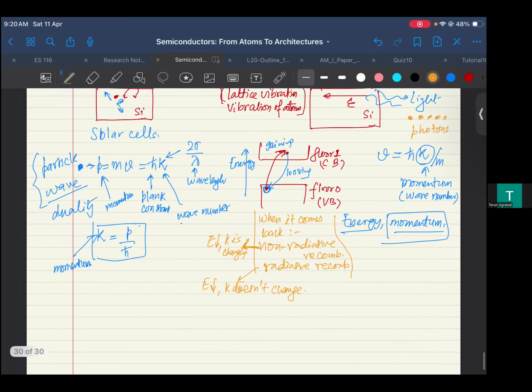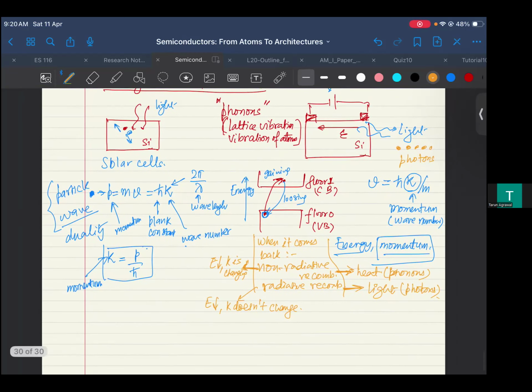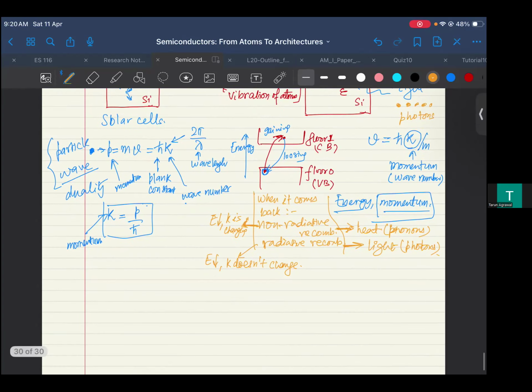Going back to my video on generation and recombination, we said that the only thing that comes out in the non-radiative case is heat, which is lattice vibrations or phonons. Here, in the radiative case, the important part is that light comes out, which is photons. That is the basic principle of getting light out of a semiconductor through the recombination process.